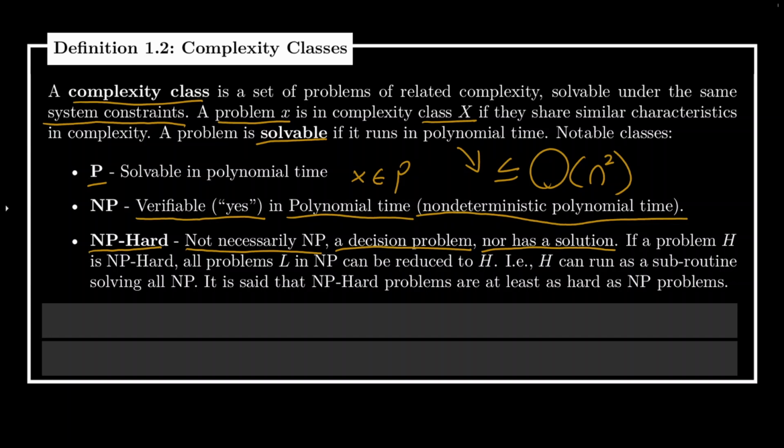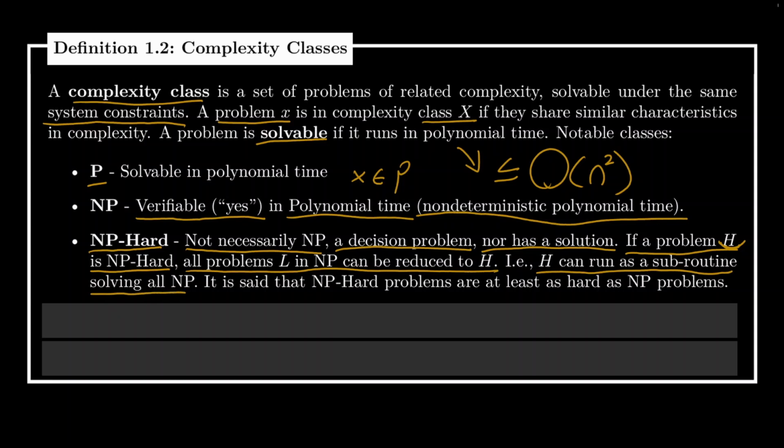To continue, we can say if a problem H is NP hard, all problems L in NP can be reduced to H. So if H is NP hard, all problems in NP can be reduced to H. In other words, H can run as a subroutine solving all NP.